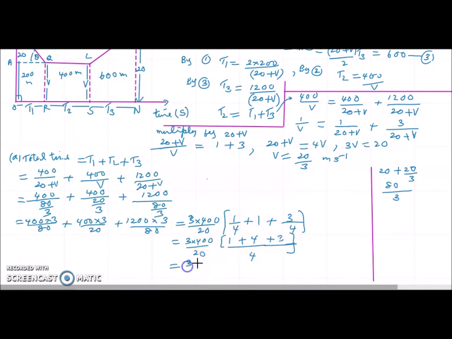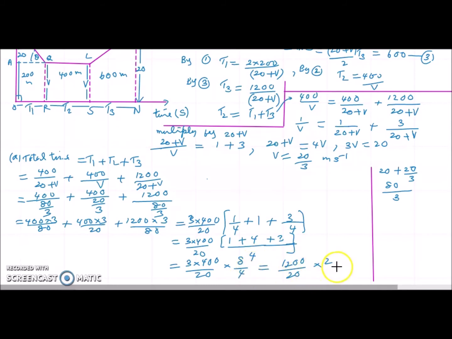Then we get 3 into 400 by 20 into 8 by 4. 8 by 4 is 2. That's equal to 1200 by 20 into 2.